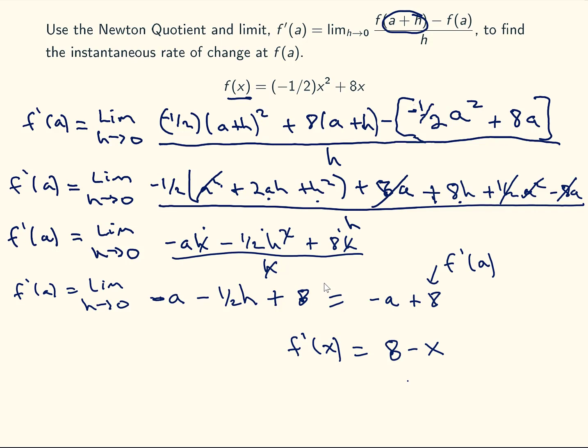And that's how we use the Newton quotient, or sometimes called the differential quotient, to find the instantaneous rate of change, also known as the derivative. So if the change in x is infinitesimally small, this is going to be your change in y.